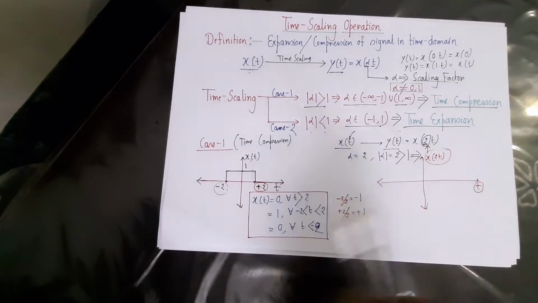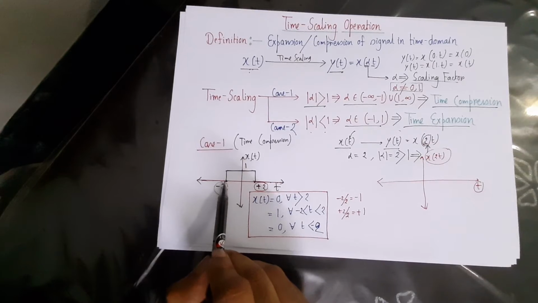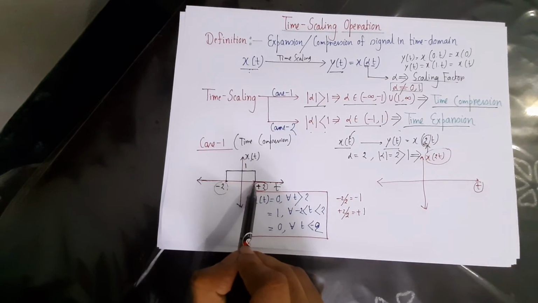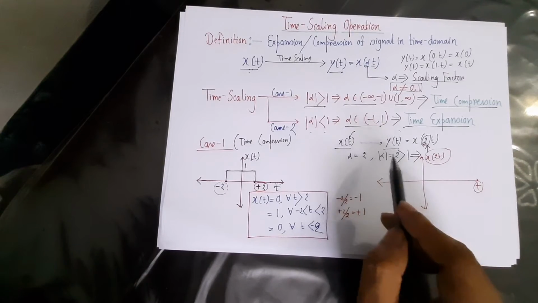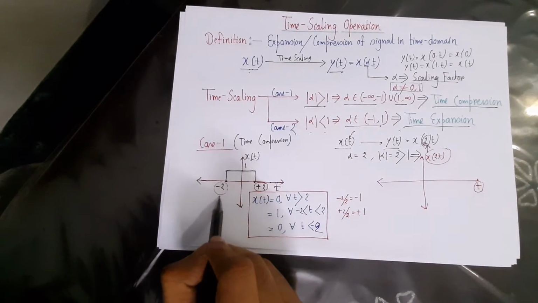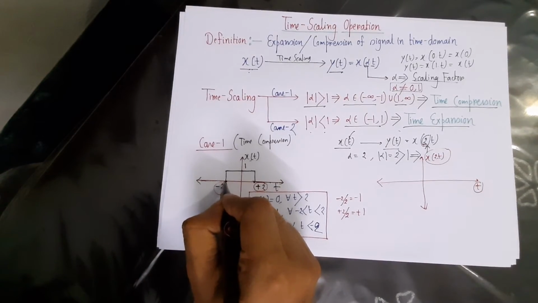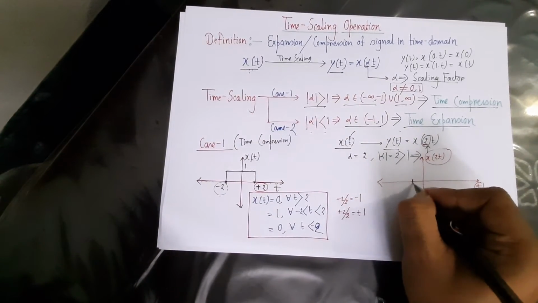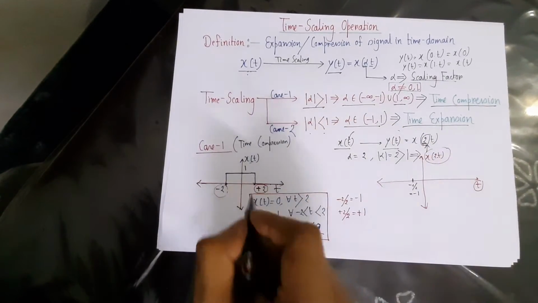So the idea is, the original signal x of t was 1 in the interval t varying from minus 2 to 2. So in x of 2t the value will be 1 in the interval minus 2 by 2 to plus 2 by 2. Corresponding to the point minus 2, we will have a point here which is minus 2 by 2, equal to minus 1.